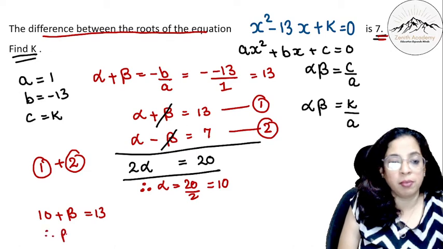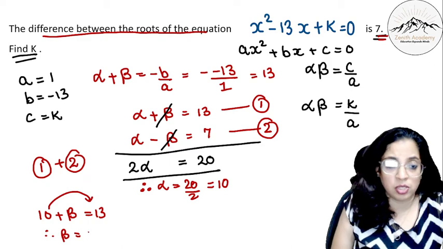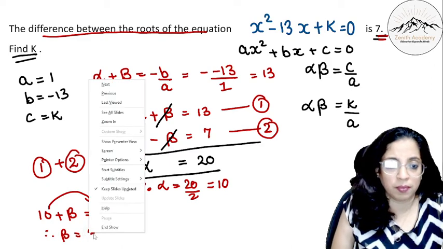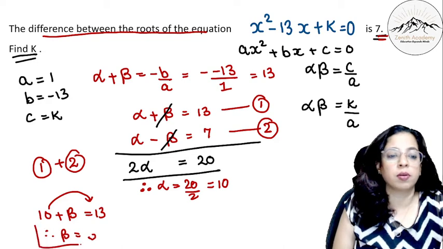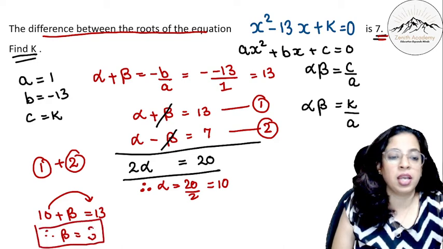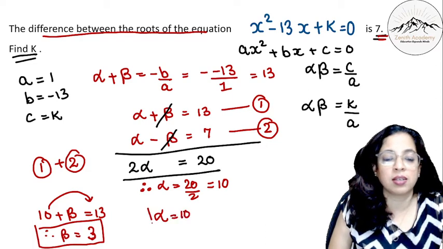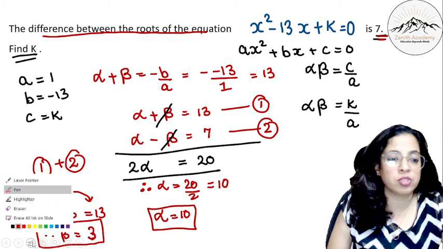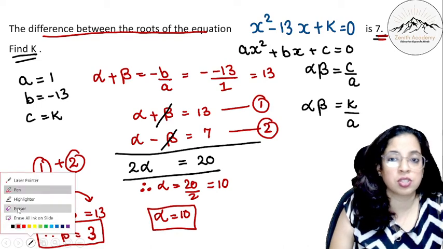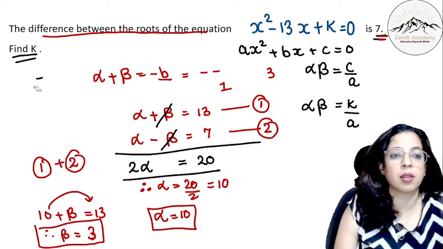Therefore, beta will be equal to 13 minus 10, so beta will be 3. So you have got alpha as 10 and beta as 3. You can use this now. I will just delete this part because there is no space.